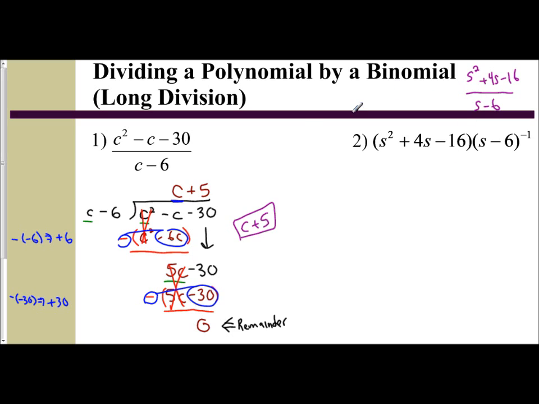And so it's the same idea. You're doing division. So if you see a negative 1 exponent, you're still doing long division. So I'm going to set it up as I did before. I have my s squared plus 4s minus 16. And I'm dividing by s minus 6.